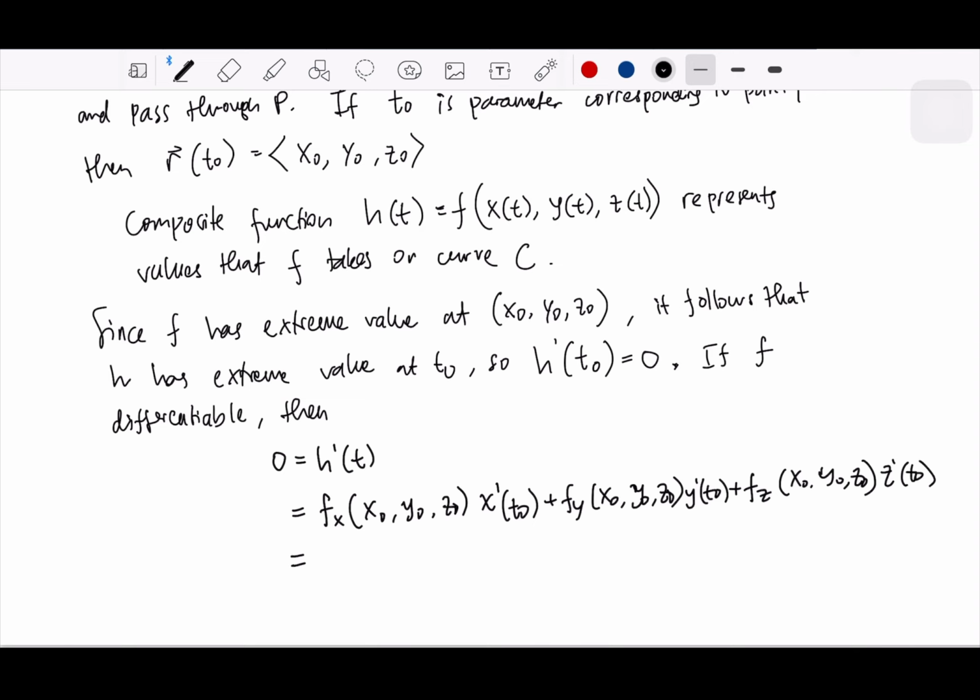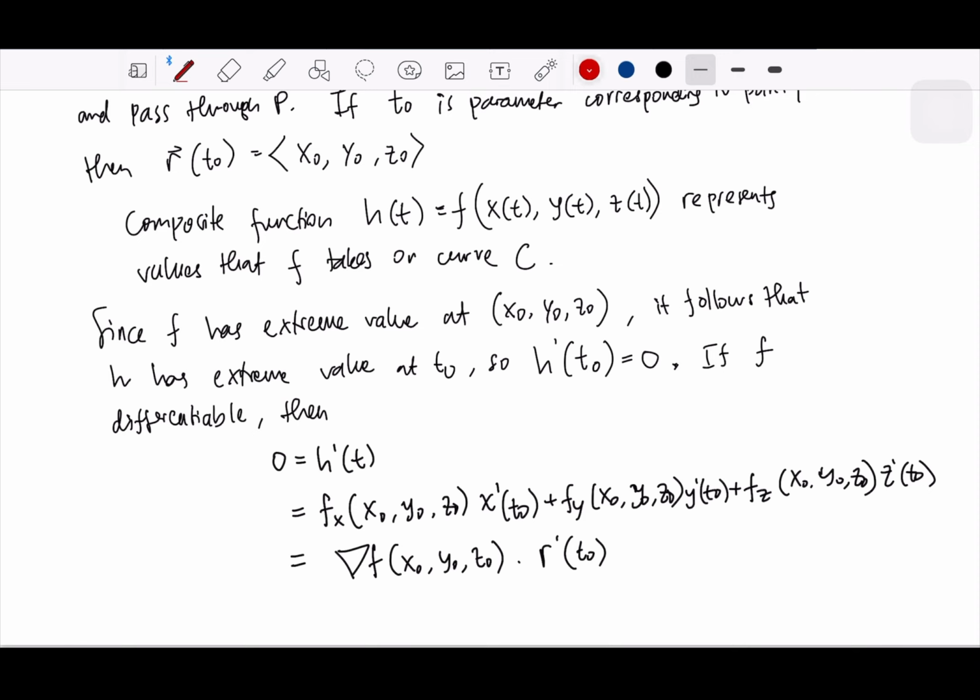And we can write the partials as a gradient vector of f at x0, y0, z0 dot the r prime of t0, the x prime, y prime, z prime.